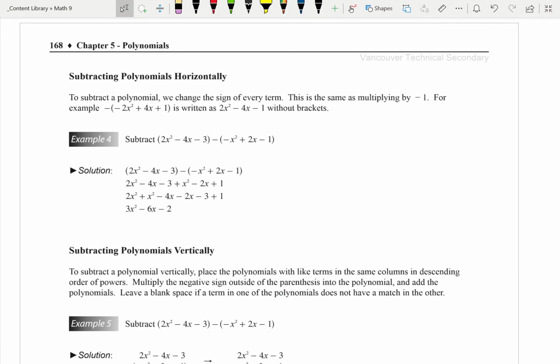Next thing that we are going to be doing is subtracting polynomials. So the only difference is now we have a polynomial here, and we have a polynomial here, and now I have a minus sign in between.